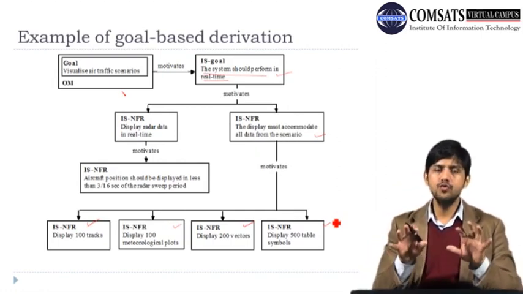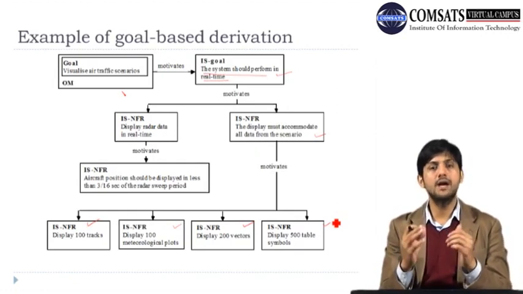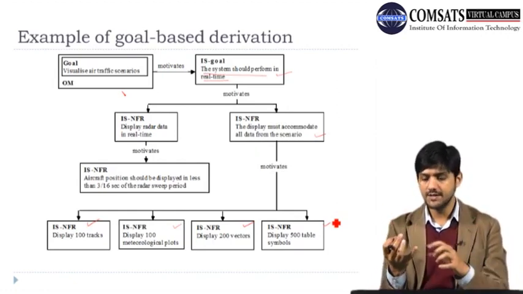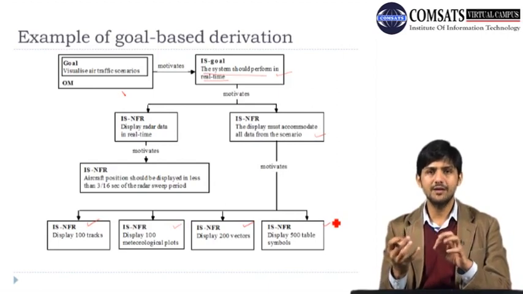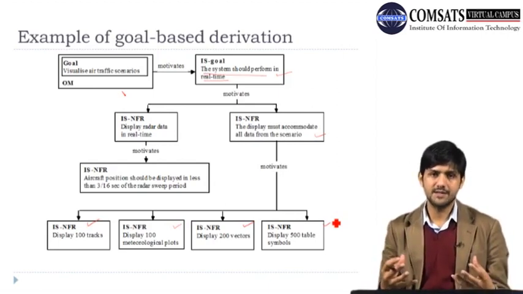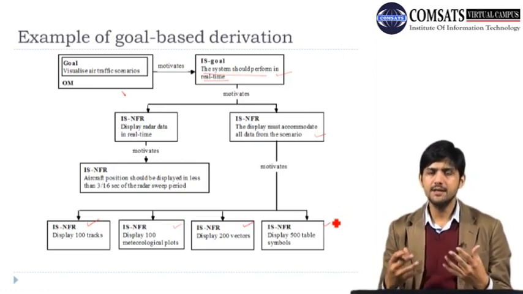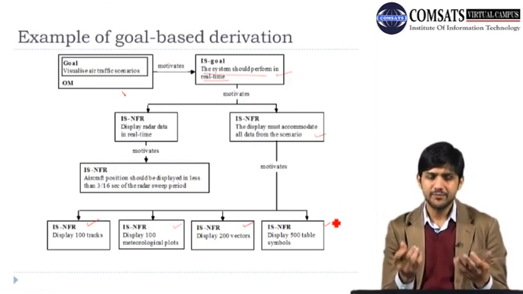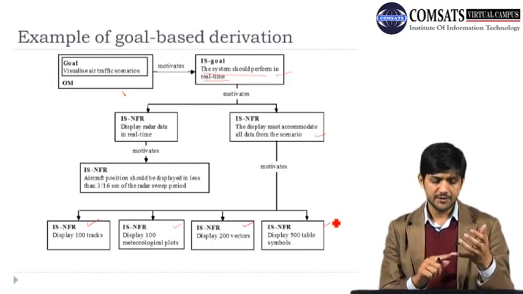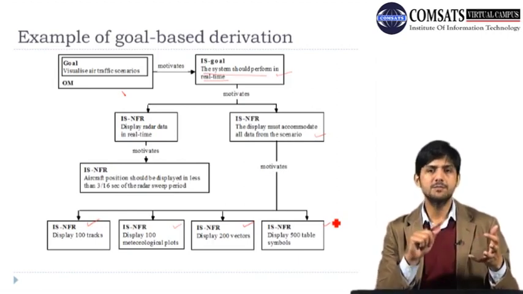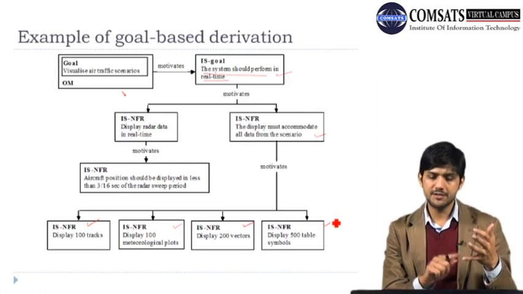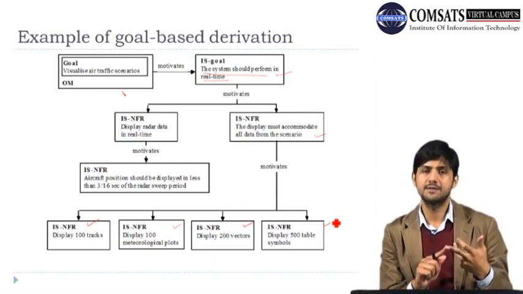We identified two non-functional requirements which would help achieve that sub-goal. Number one was that the system must accommodate all the data relevant to a particular scenario. The next thing is to know what all the data is. There are four things: it should display 100 tracks, 100 meteorological plots, 200 vectors, and 500 table symbols.